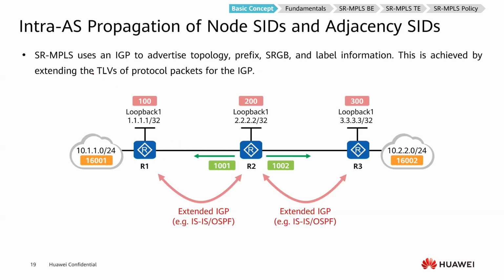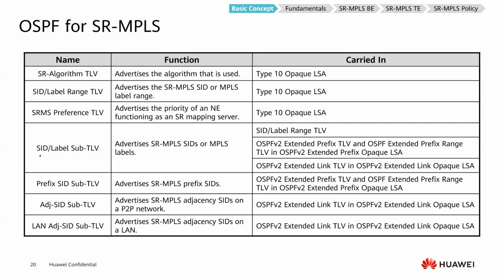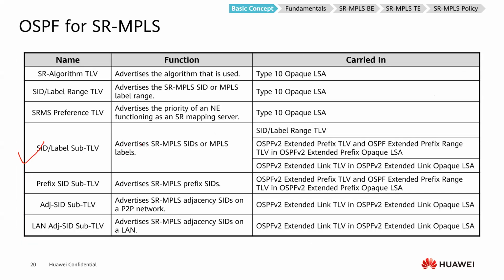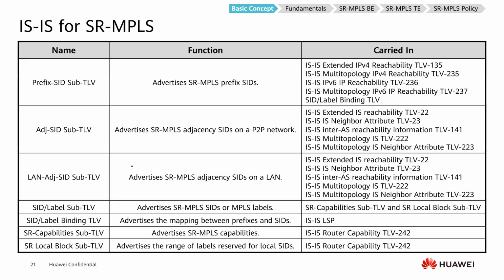They will have some new TLVs or new types of OSPF LSAs to help us do it. But you just need to know this much. Here are some OSPF TLVs and IS-IS TLVs. I will not go into detail. If you are interested, you can check this table. This is just some examples.